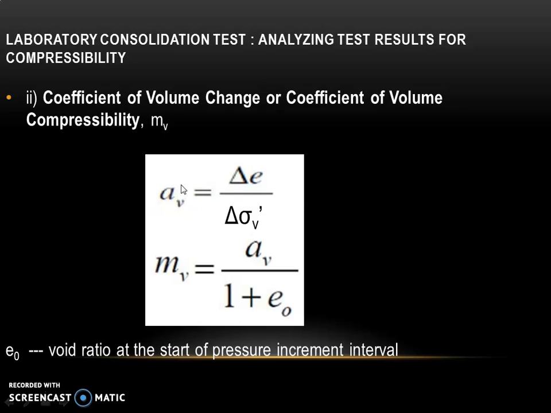We already have the equation for coefficient of compressibility AV as delta E divided by delta sigma V dash. So we can write the equation for MV as AV divided by 1 plus E naught. E naught is the void ratio at the start of the pressure increment interval.